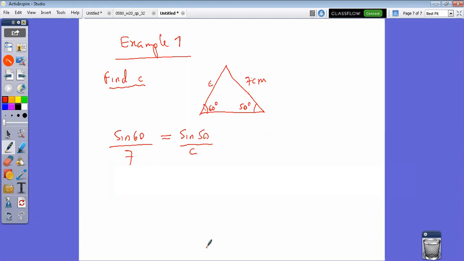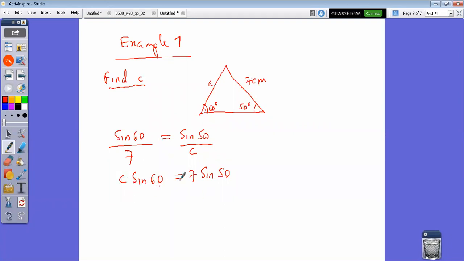First step. Then now let's use cross multiplication, what you've learned. So it's C sine 60 is equal to 7 sine 50. That clear?